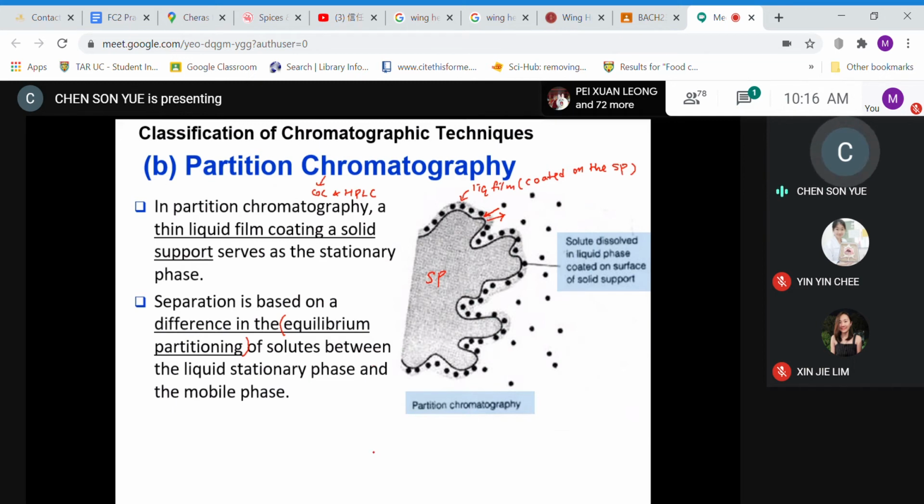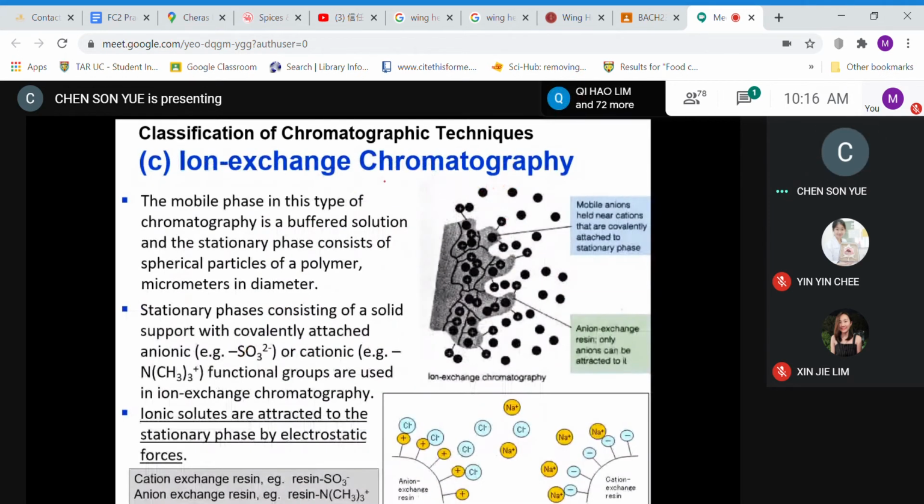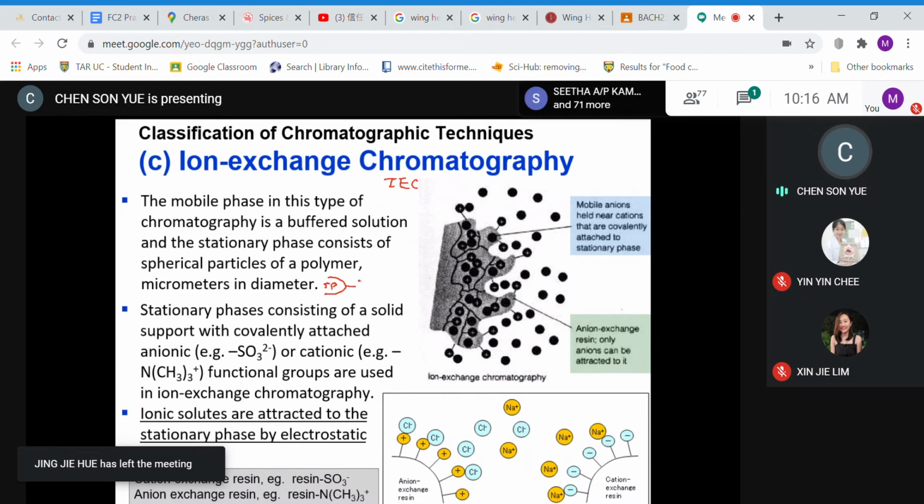And now we move on to see other chromatography. IEC here, ion exchange chromatography. Generally we have, let me draw some here, a stationary phase, and on the surface here, they are coated with a certain charge, means a certain compound or functional group with charge.